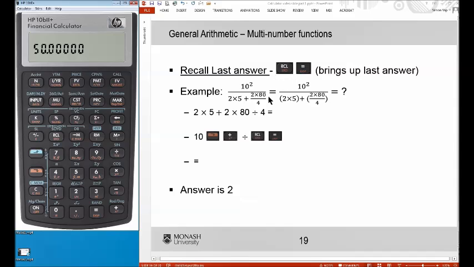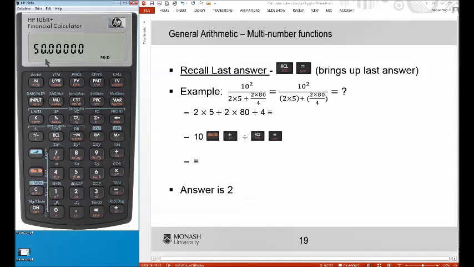So we have done the denominator, and without storing this into any of the memory, we can perform the numerator straight away. 10 squared, and then divided by the last answer, RCL equal. That brings up the last calculated answer, which is 50.